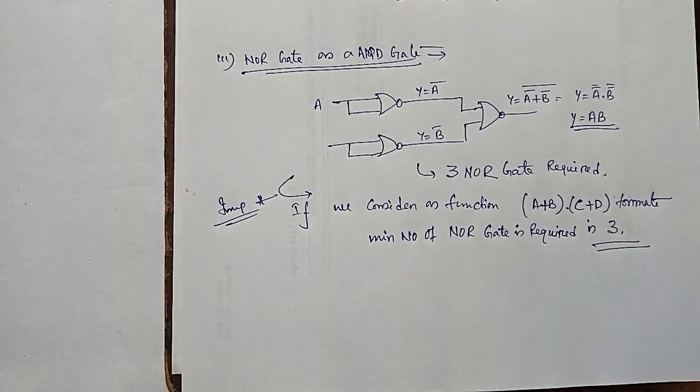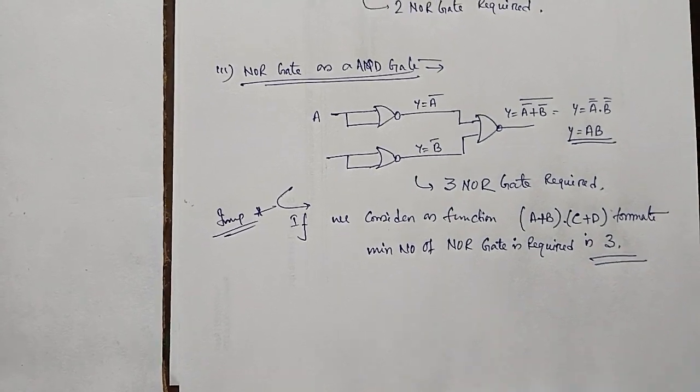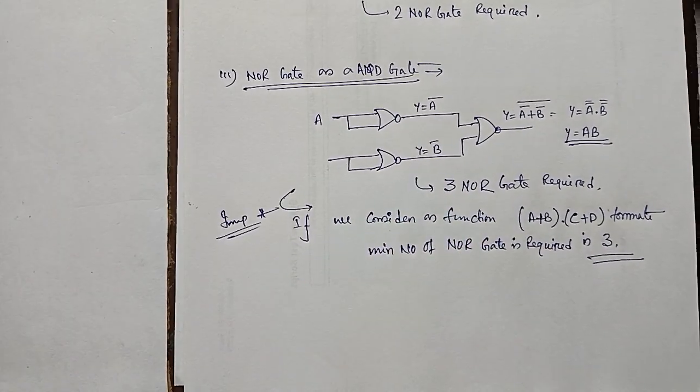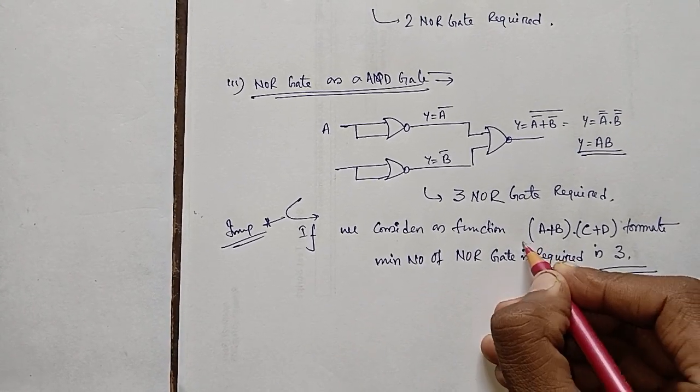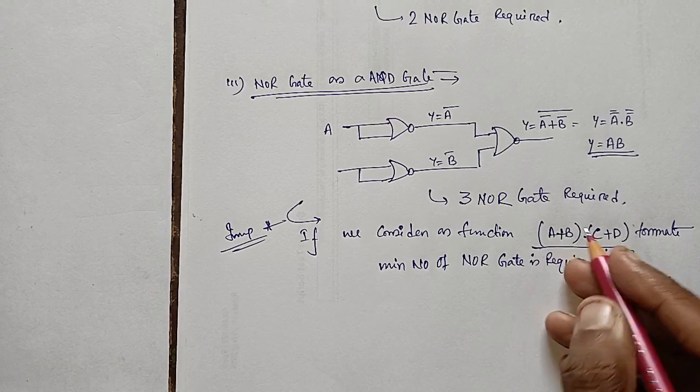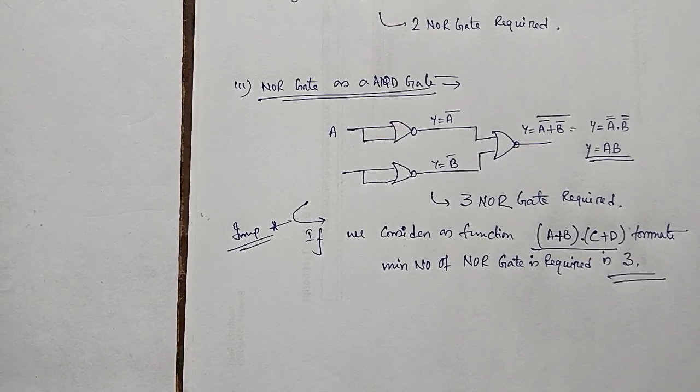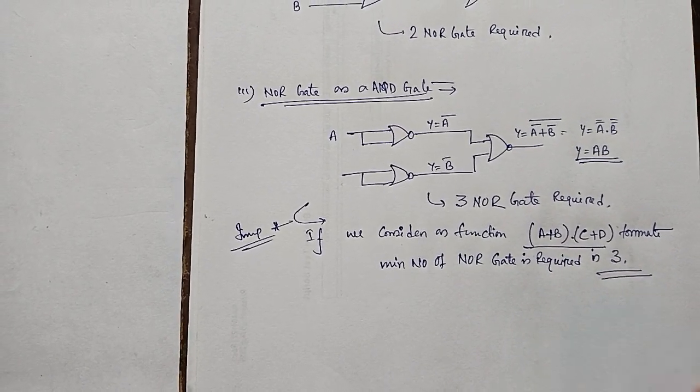This came up in the gate minimization questions. So if we get any function in the (a plus b) dot (c plus d) format, the number of NOR gates required is 3.